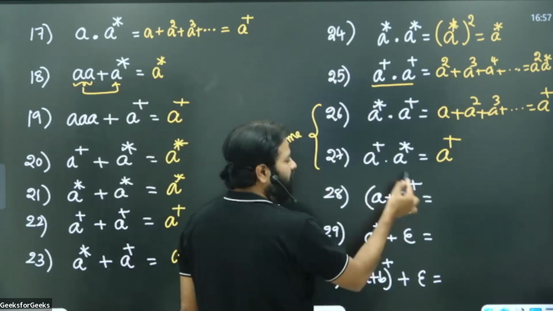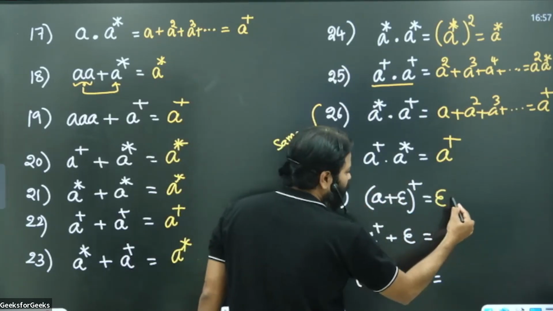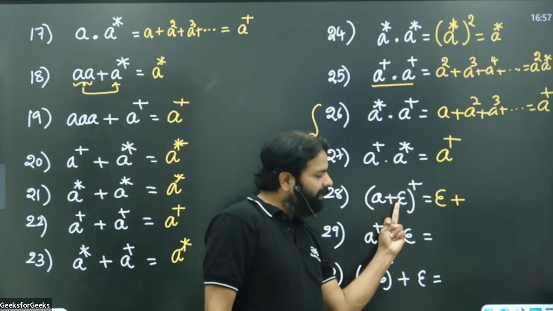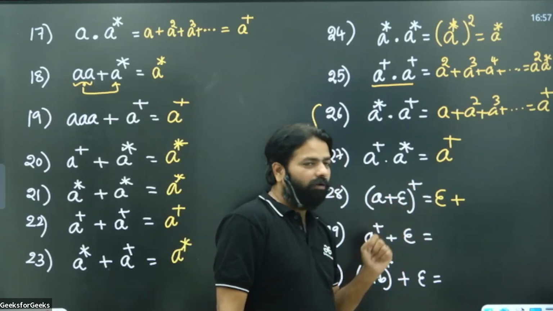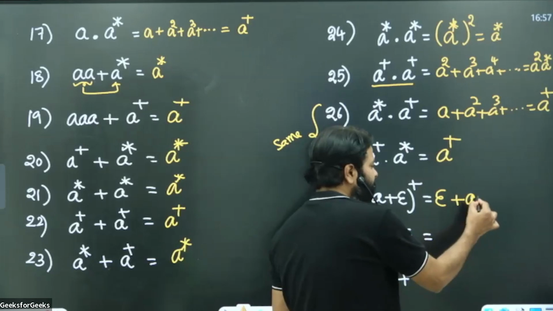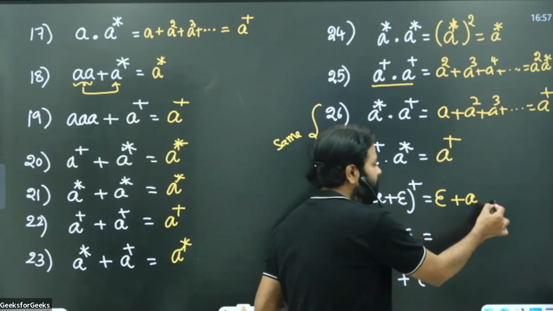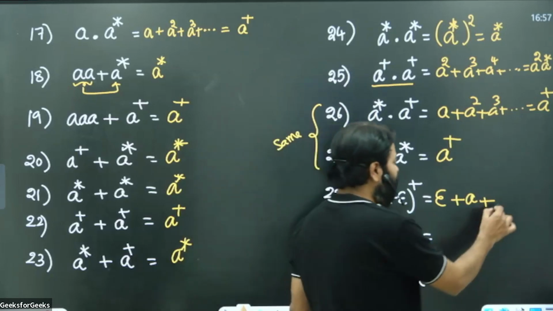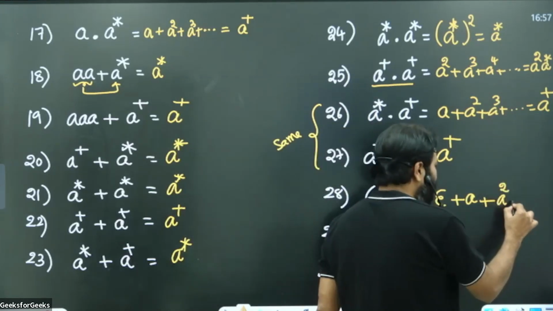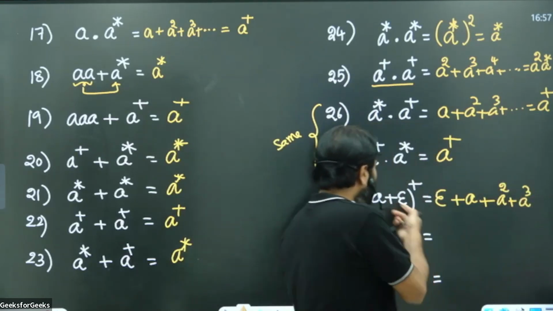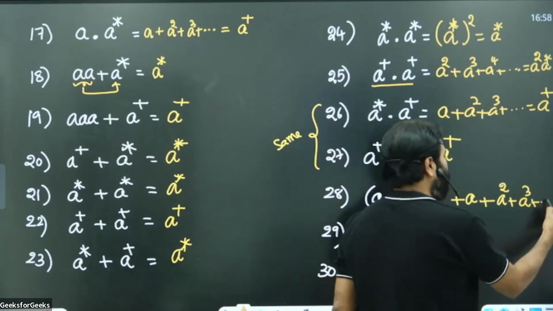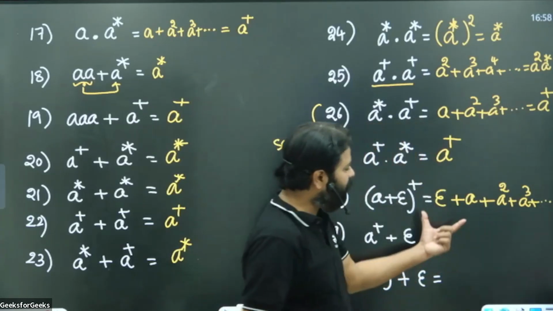And this one, how can I get epsilon? I take power 1, you have two choices. I can get it from here, yes or no? So epsilon. And 1 A I can get from here. 2 A's, I repeat twice, and both times I'll take from here. That is A square. And A power 3, I can repeat 3 times, every time I'll take A. And so on. So what is this called? Is it A star only?